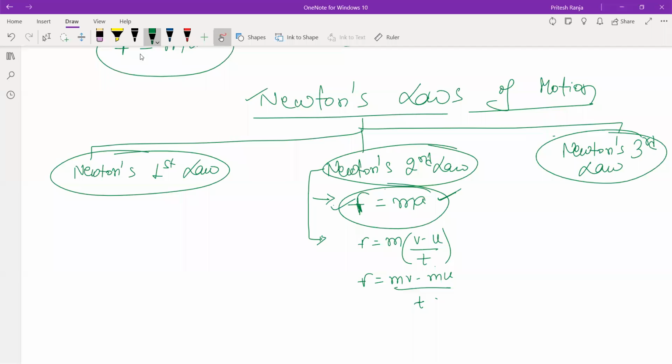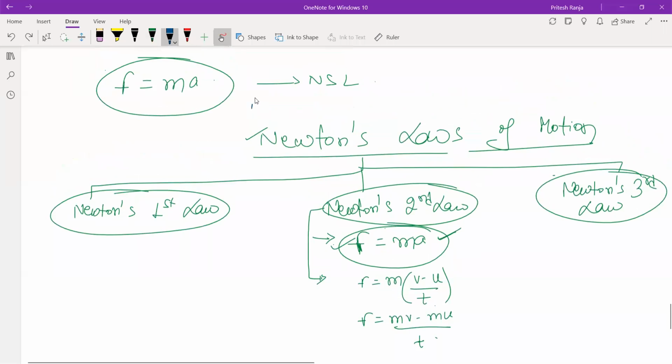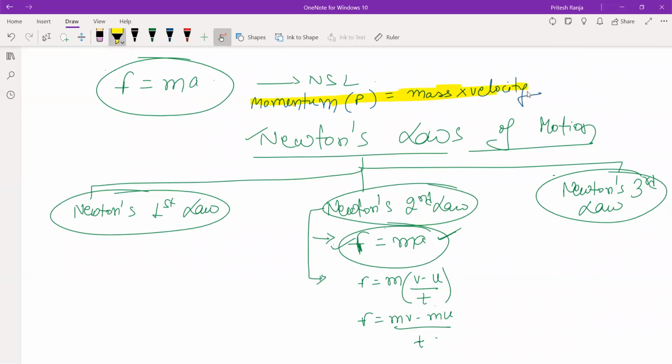So anyone can tell me what is this m into v? You all have the idea of momentum. Momentum क्या होता है? It is the product of mass and velocity. Right? Momentum is the product of mass and velocity. How many of you are aware about this momentum expression? Mass into velocity?